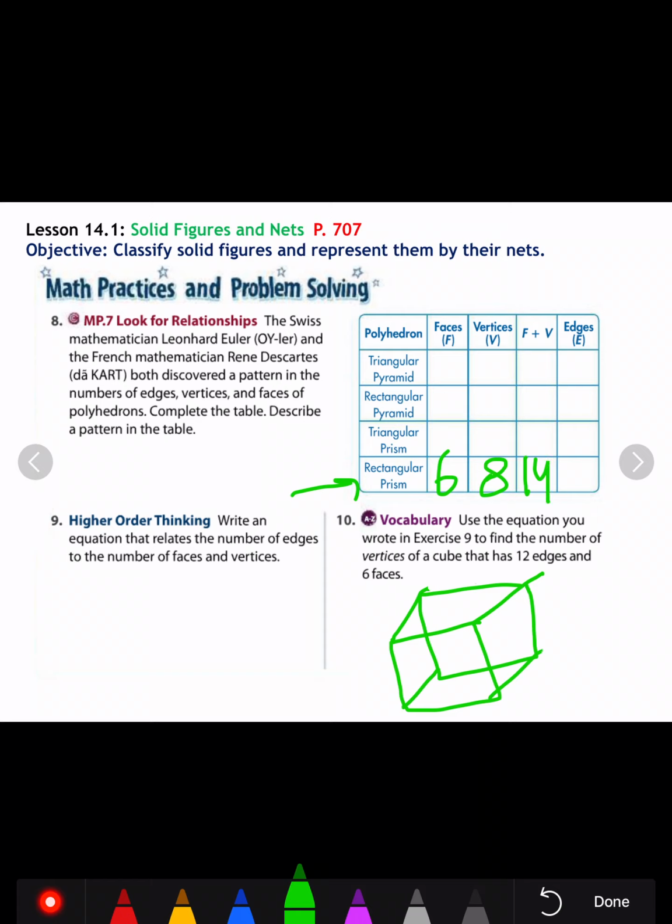So I want you to know how many edges we have. We have 12 edges. So do we have any relationship between the sum of the faces and vertices and the number of edges? That's what I want you to think about by the end of this video.